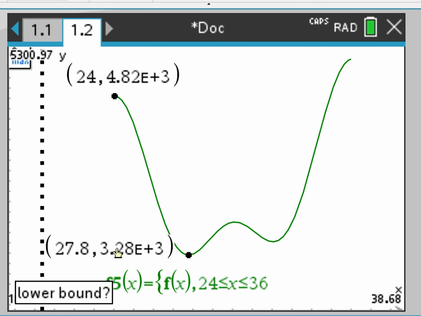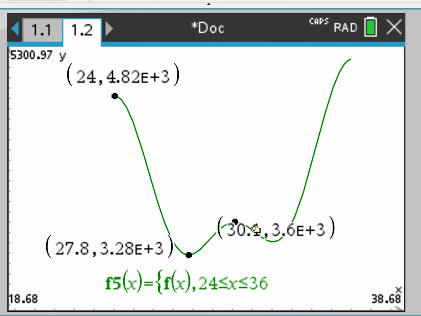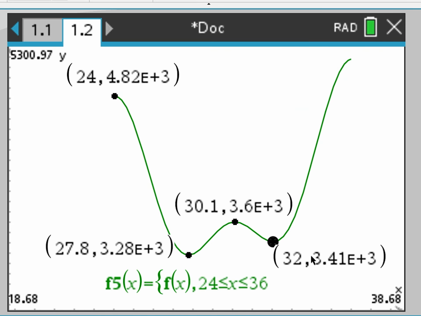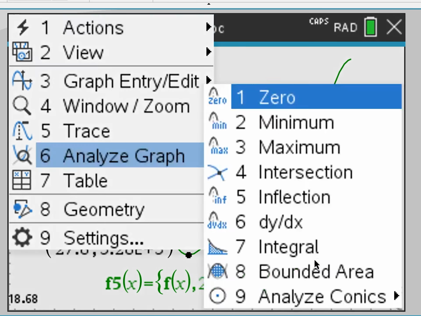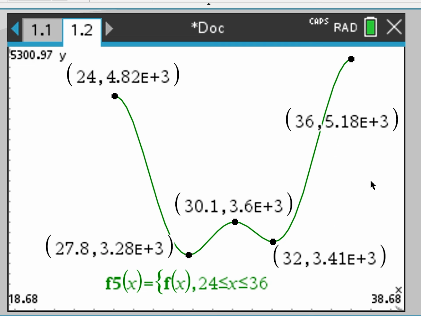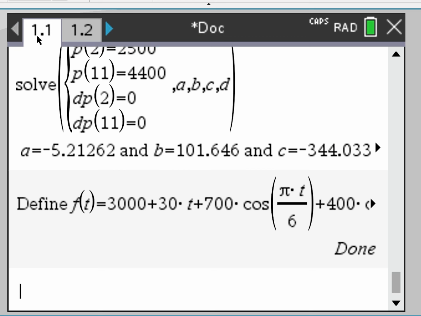Menu 6 3 maximum again. Menu 6 2 minimum, and finally the maximum again. So menu 6 3. There you go. So we have our set of coordinates, the turning points basically. We just have to copy them down and plot them on the graph. So let's do that. So let's find the actual coordinates first.